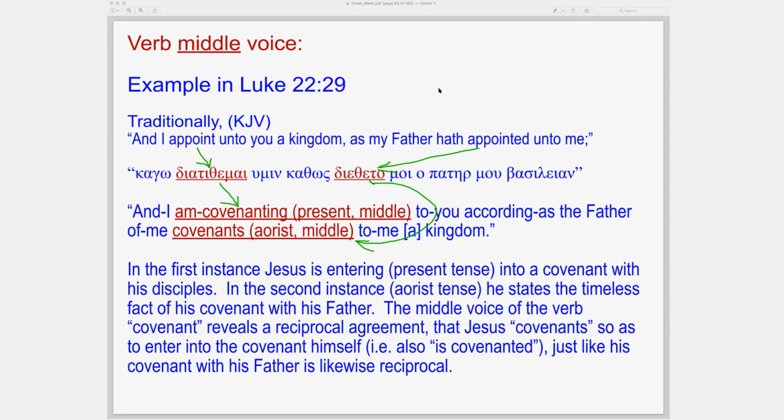The middle voice, the verb covenant, reveals a reciprocal agreement that Jesus covenants so as to enter the covenant himself, just like his covenant with his Father is likewise reciprocal. So you can get a little bit more in the meanings of things when you look at the original in this case.